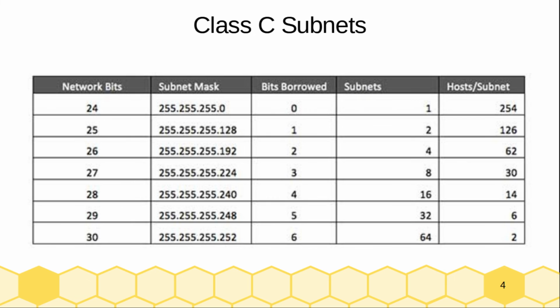If there are 24 network bits, the subnet mask will be 255.255.255.0, the bits borrowed will be 0, the subnet will be 1 and the hosts per subnet will be 254. If the network bits are 25, the subnet mask will be 255.255.255.128, the bits borrowed is 1, the subnets will be 2 and the hosts per subnet will be 126. We can calculate the subnet masks of the remaining subnets in the same way.